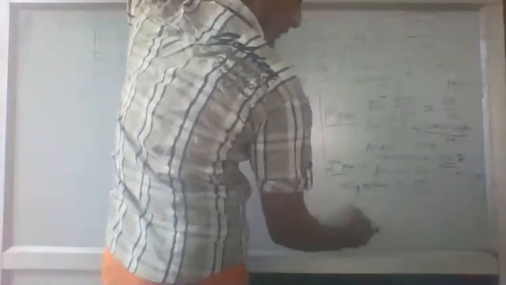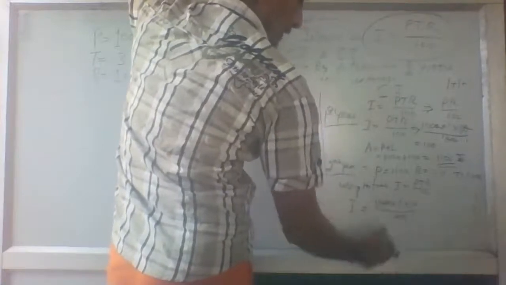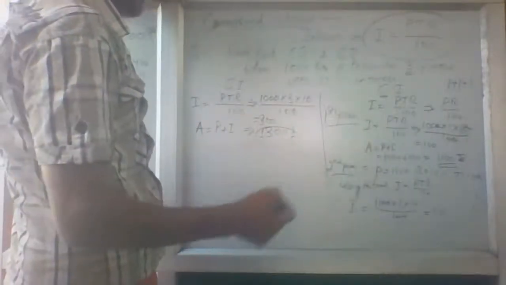This is equal to, now interest is equal to, principal is now 1100 rupees, time is 1 year, rate is 10 upon 100. Now this is 110 rupees. You have gained for the next year as interest.